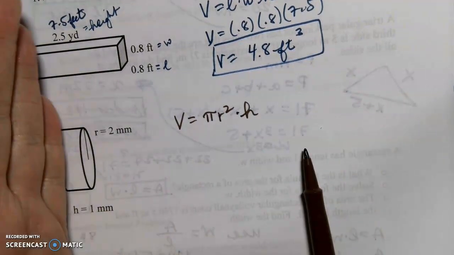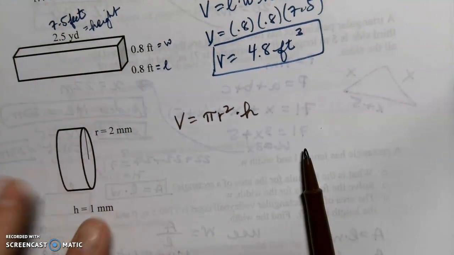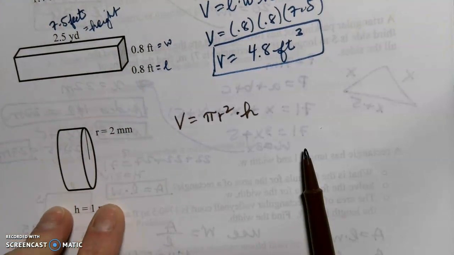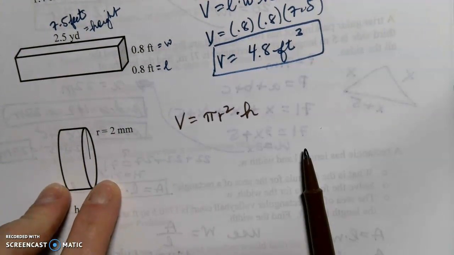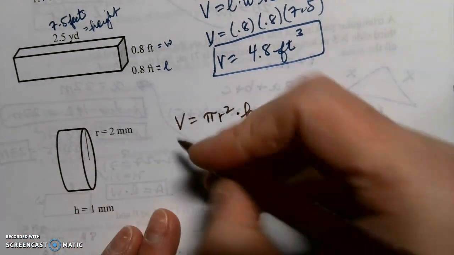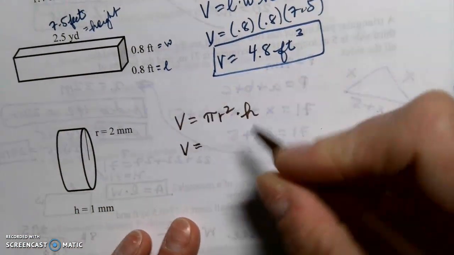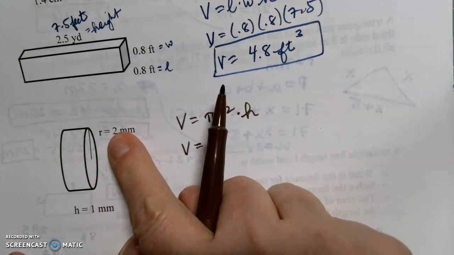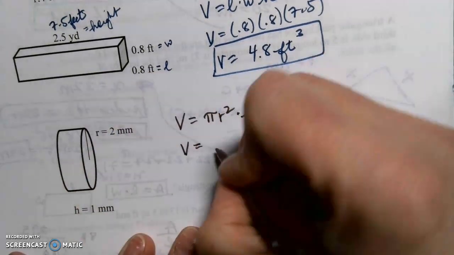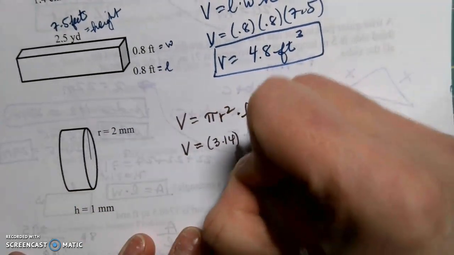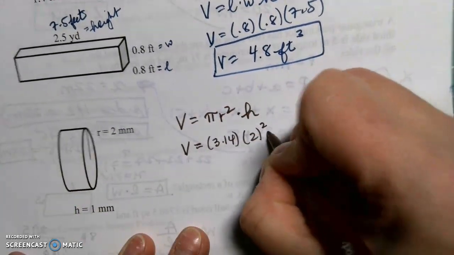So thinking about taking a very small slice of this and then figuring out I have 1 millimeter worth of slices to figure out how much space this takes up in the real world. We are given the radius directly and we have the height. So we can go ahead and substitute into that formula.